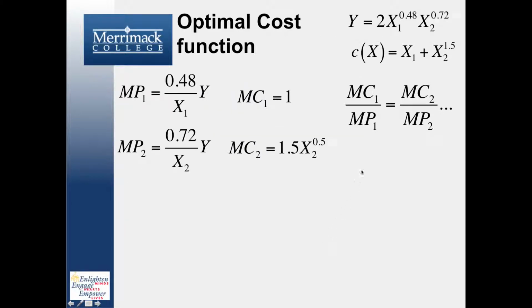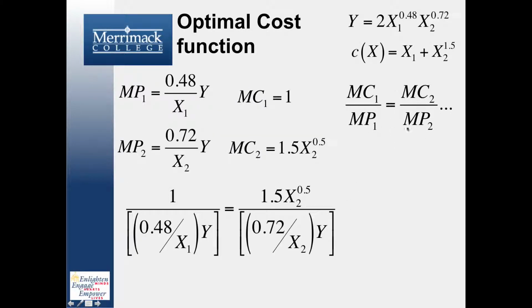So I can use this idea to plug this in, and the y's go away, and I can calculate what the relationship is between x1 and x2 that will give me the optimal or minimal cost.